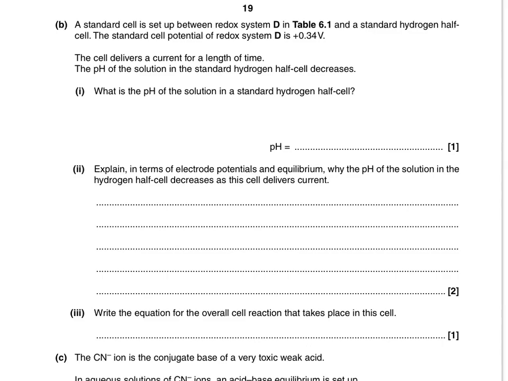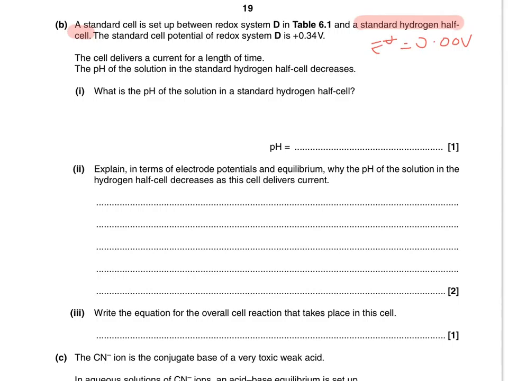So then it says that the standard cell is set up, and it's a standard hydrogen half cell. So what you should be thinking at this point is that the standard hydrogen half cell is that.